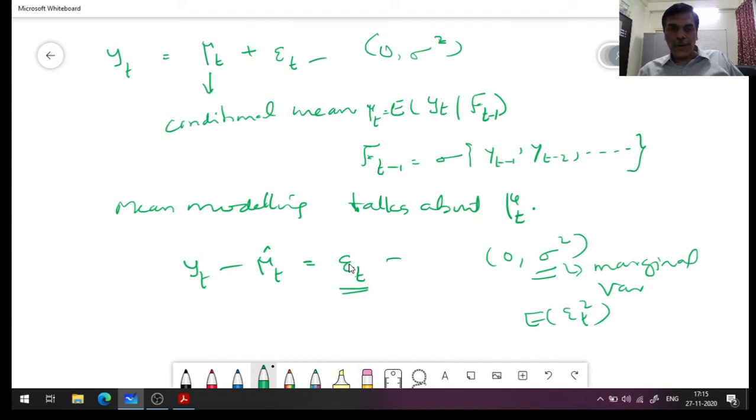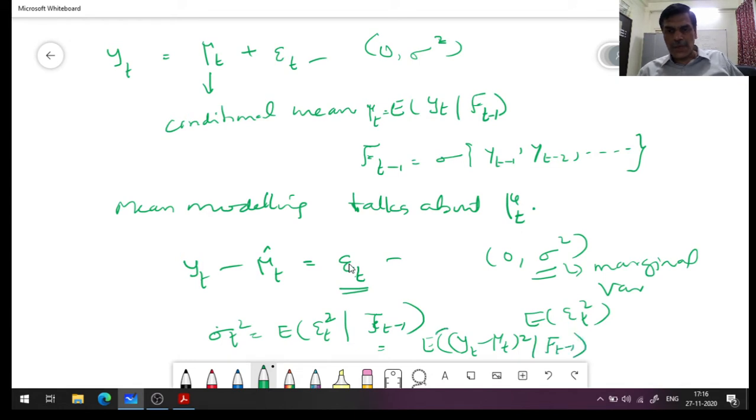But we are not modeling this, because it remains constant since you have a stationary process. What we are trying to model is the conditional variance. So I am going to now call this sigma_t squared, which is the expected value of epsilon_t squared given F_{t-1}, or you can write it as the expected value of (y_t minus mu_t) whole squared given F_{t-1}.